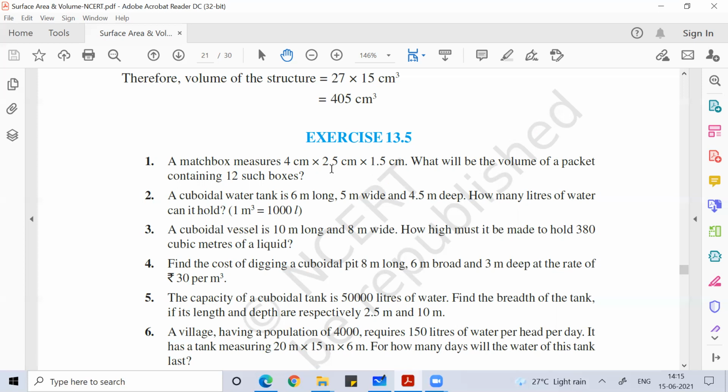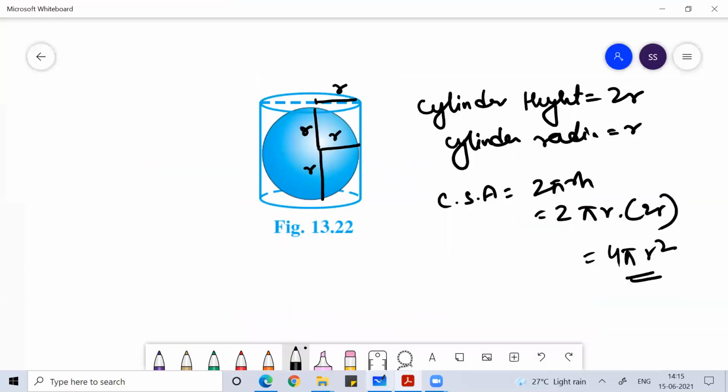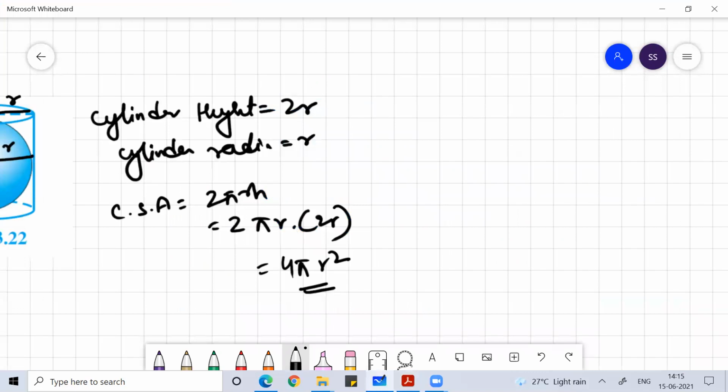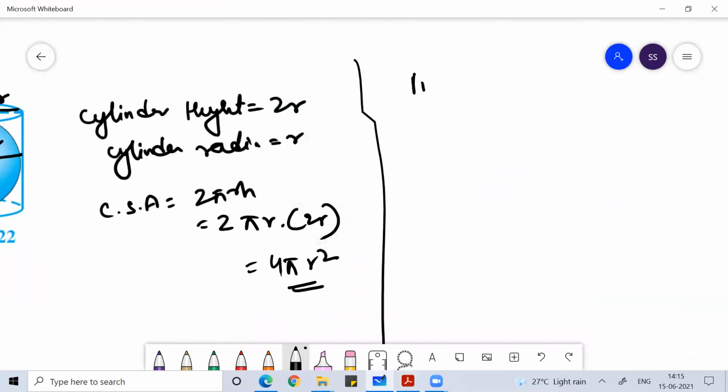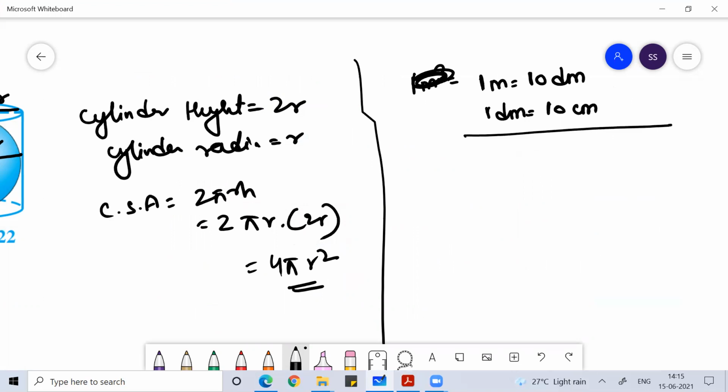Now we know this; we have discussed it already when we talked about the density chapter. Normally, 1 meter is 10 decimeter, and 1 decimeter is equal to 10 centimeter. So 1 meter cube will be 1000 decimeter cube.